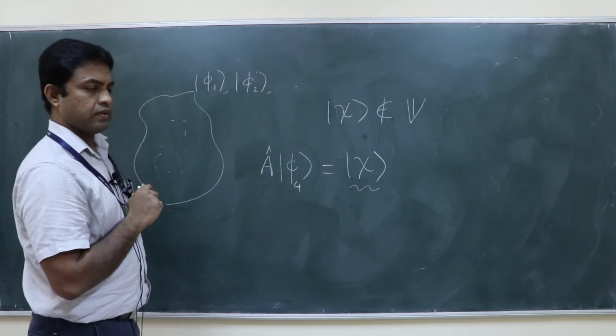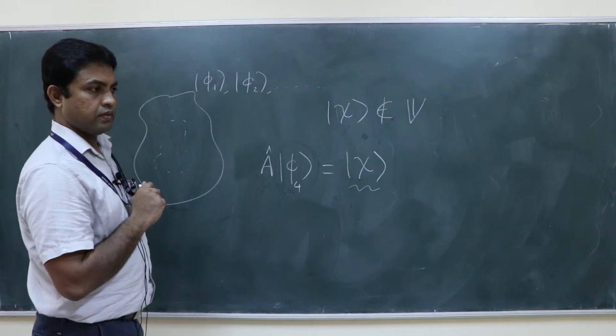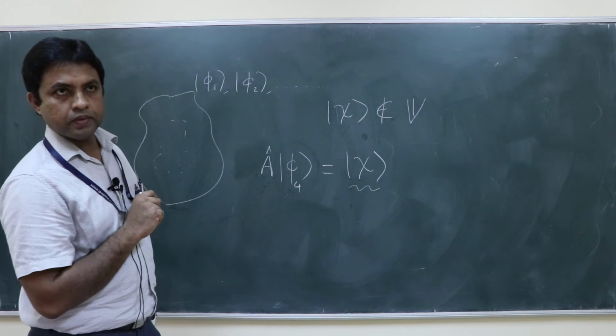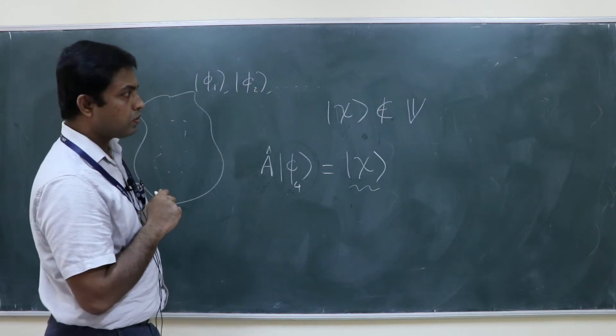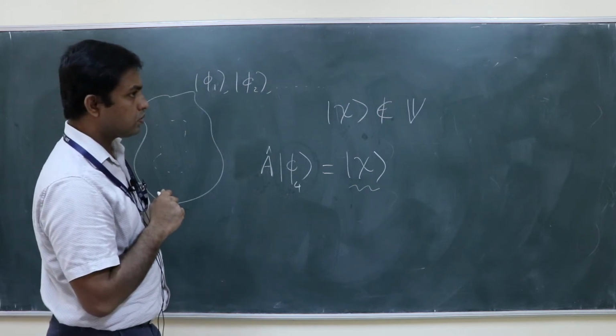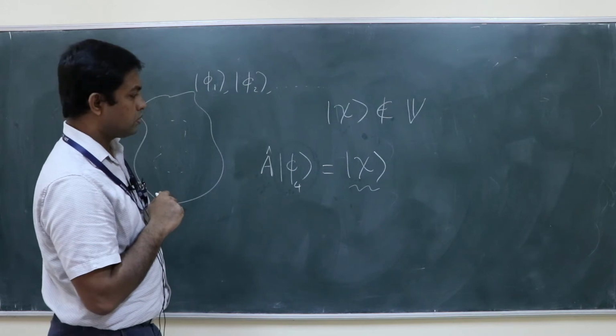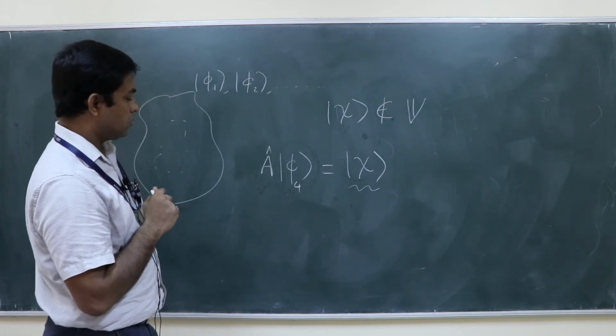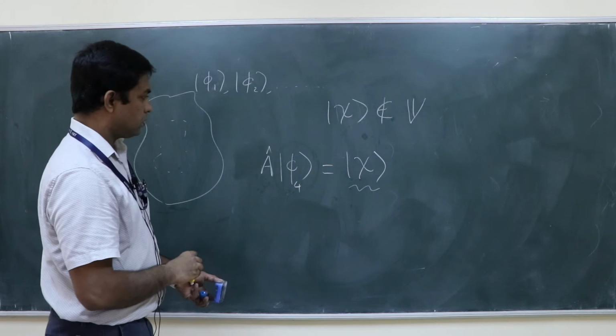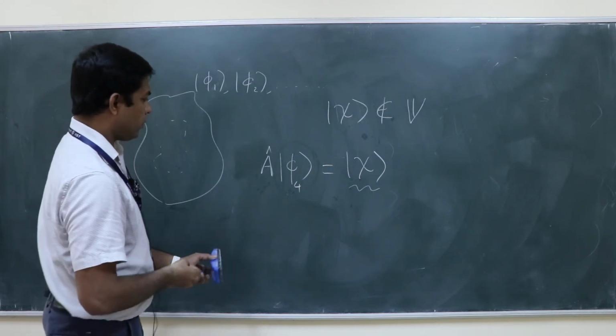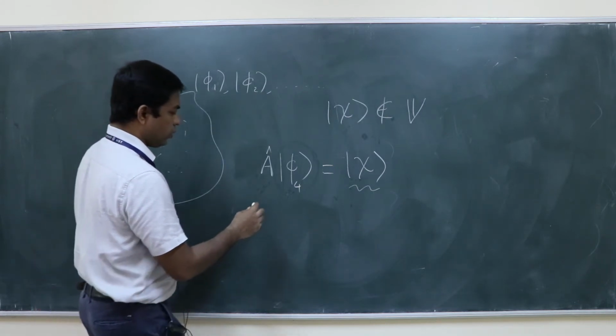Then it will definitely take you to the same vector space. So it is operating on the basis, and if the bases are in the domain, then it will again take you back to the same space. What do you mean by that?